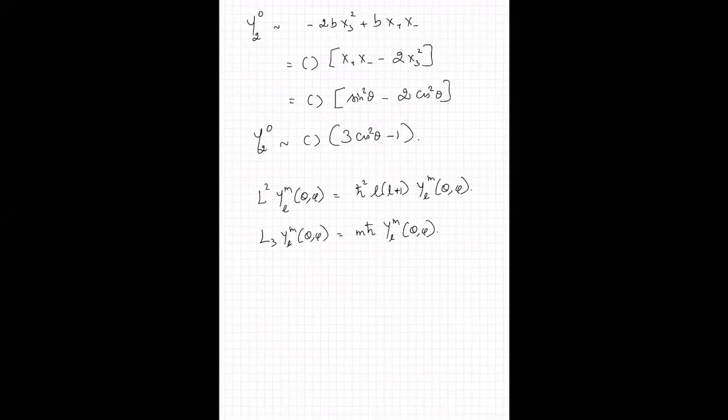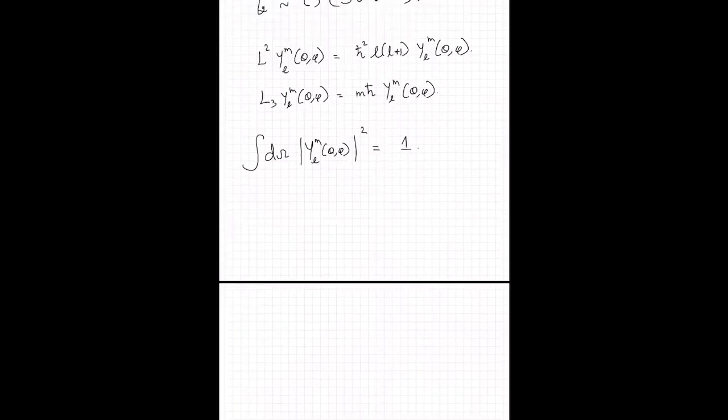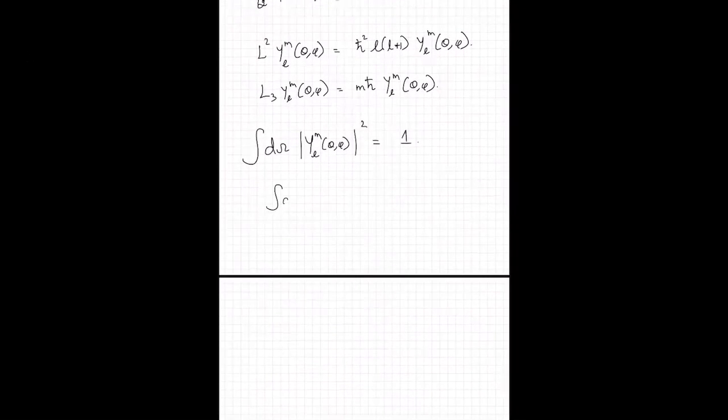So these overall normalizations are fixed by demanding that the integral of d omega YLM theta phi mod square equals 1. So you fix the overall normalization by demanding that the integral over all the angular part is just 1. What d omega, if you don't know, is equal to theta equal to 0 to pi d theta sine theta, and phi equal to 0 to 2 pi d phi.